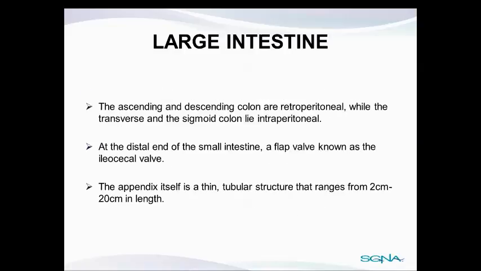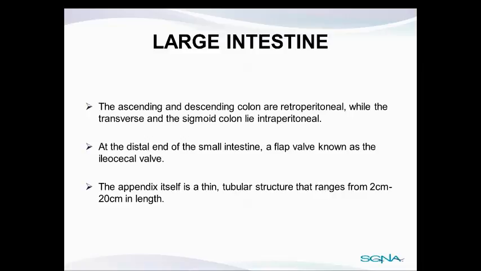The ascending and the descending colon are retroperitoneal, while the transverse and the sigmoid colon lie intraperitoneal. At the distal end of the small intestine, a flap valve known as the ileocecal valve lies.